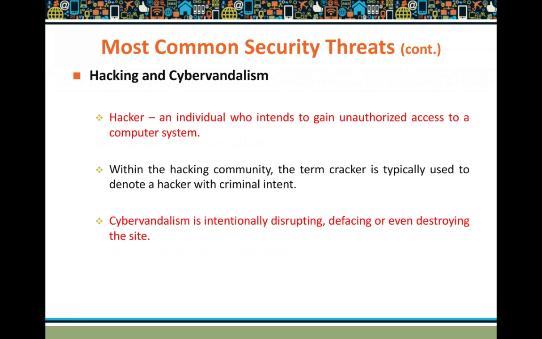A hacker who doesn't have a criminal intent can be an ethical hacker. So we can have two types of hacking: ethical hacking, where the hacker can be called an ethical hacker, and a hacker with a criminal intent can be called a cracker.